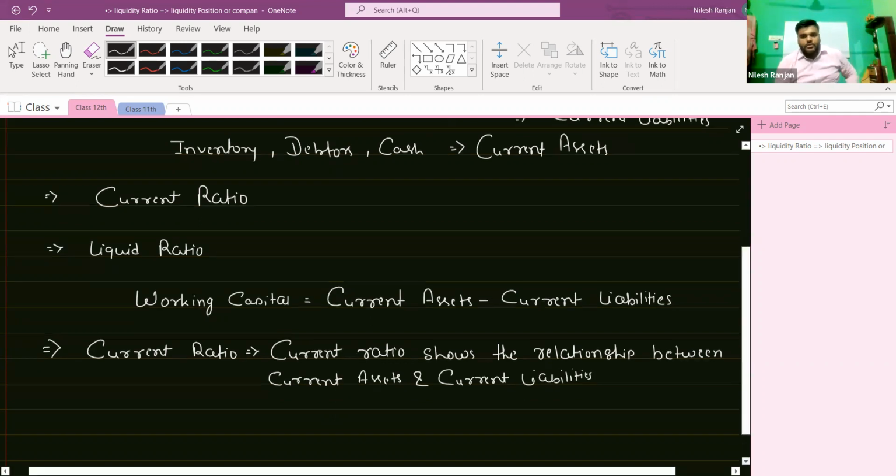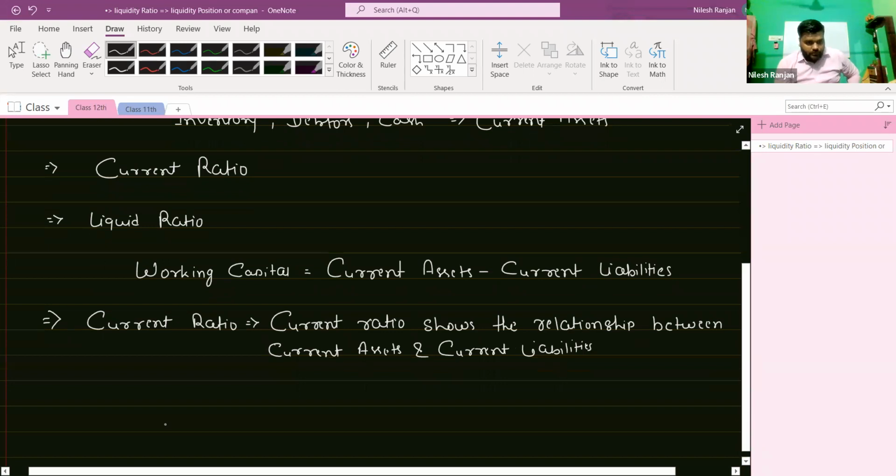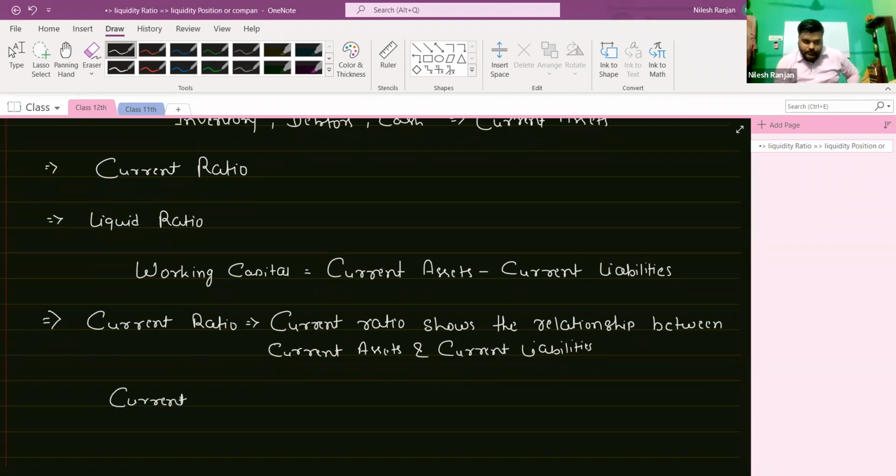So what is the formula of current ratio? How to calculate current ratio? Current ratio equals current assets divided by current liabilities.